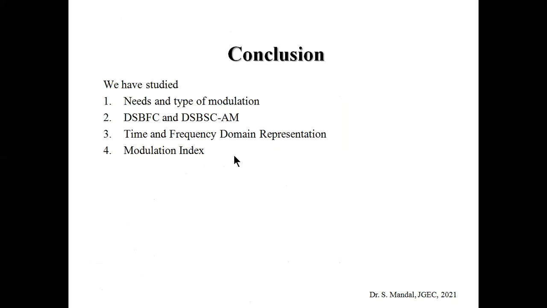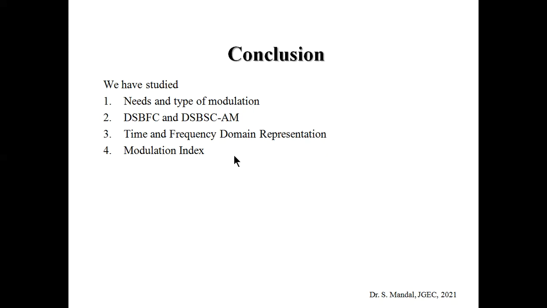Now coming to the conclusion part. In this class we have studied the needs and different types of modulation. We have observed the time and frequency domain representation of DSB-FC and DSB-SC signals, where we observed the presence of pilot carrier and absence of pilot carrier. Next we observed the frequency domain analysis, where we can see that the bandwidth requirement becomes doubled in case of DSB.